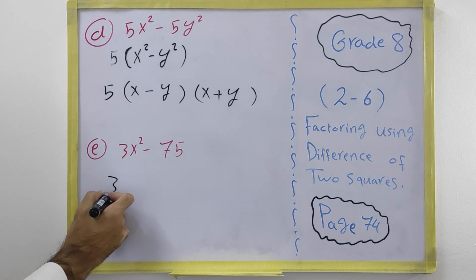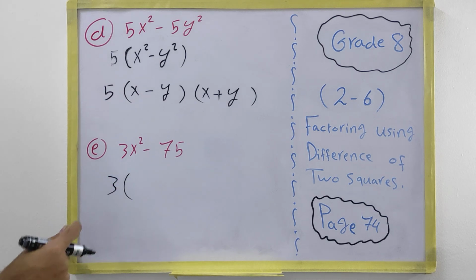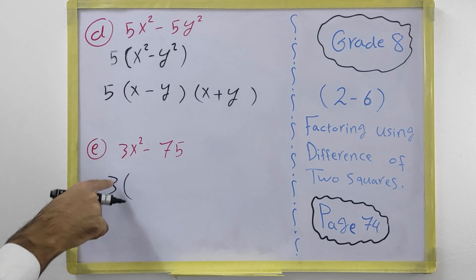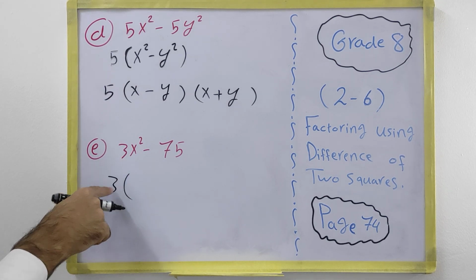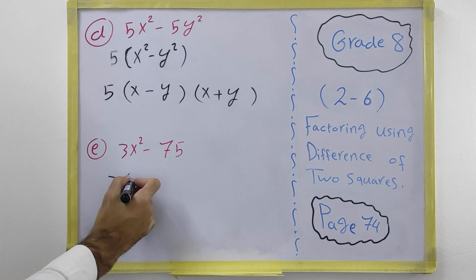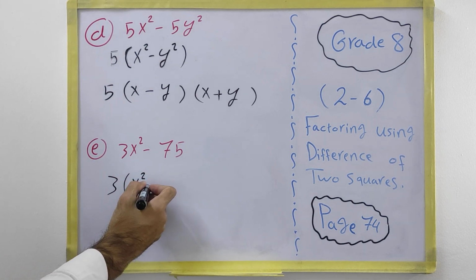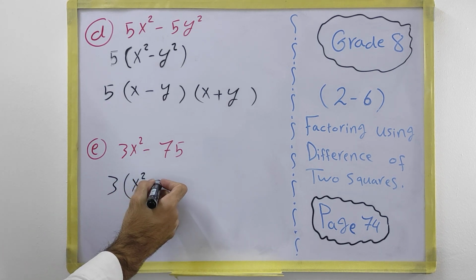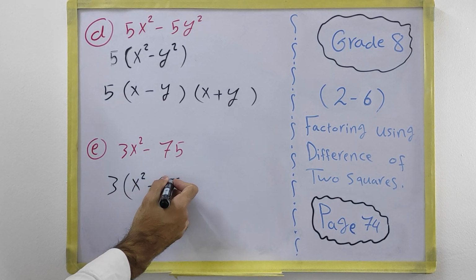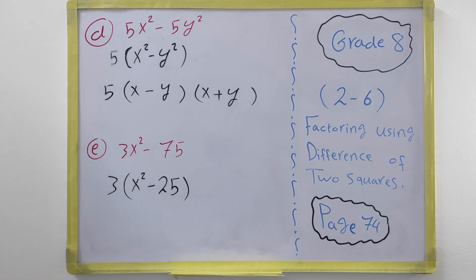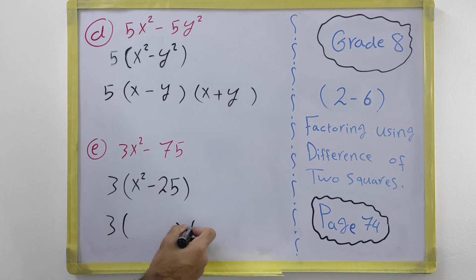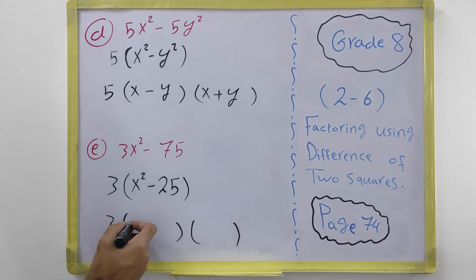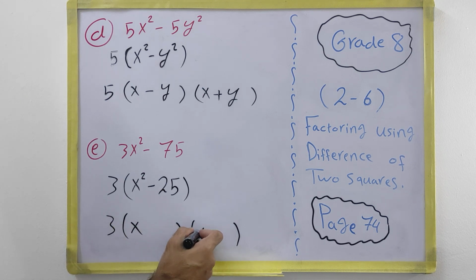We take 3 as common factor. 3x power 2 divided by 3, 3 divided by 3 is 1. 1x power 2 minus 75 divided by 3, we will get 25. And we know 25 is a perfect square. Now we can do 3, and we open 2 brackets, x.